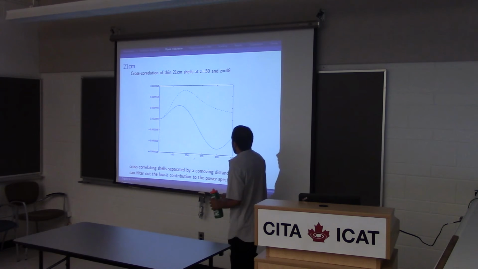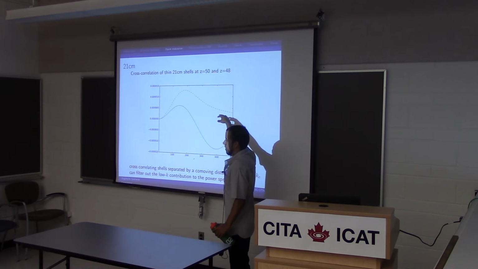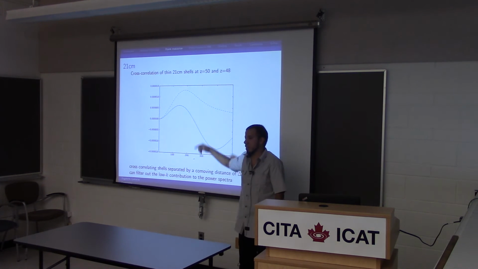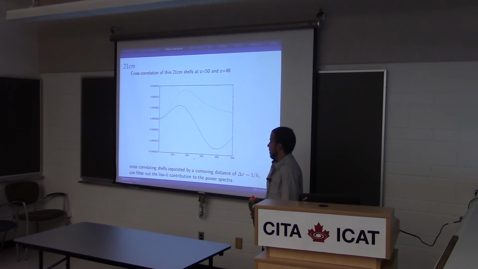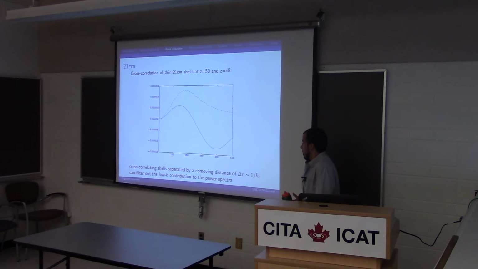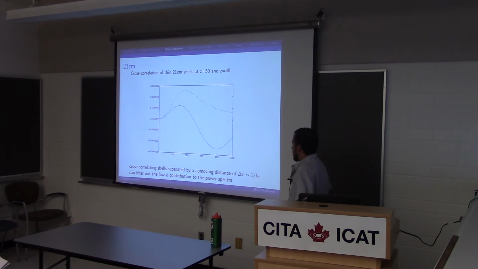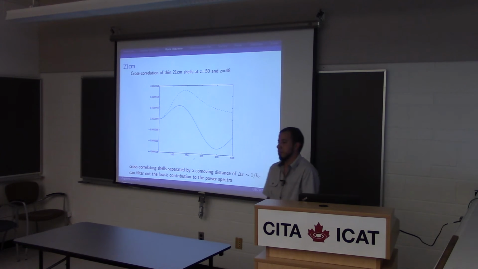So you can see I can recover the contribution from low K. It's even more important than the total power spectrum. We're working on this, but it seems like for cosmic variance limited, of course, with roughly 20 shells separated by the cutoff scale, you could recover something as significant as, or as constraining as, the temperature modes.